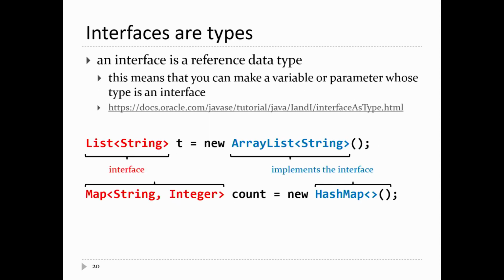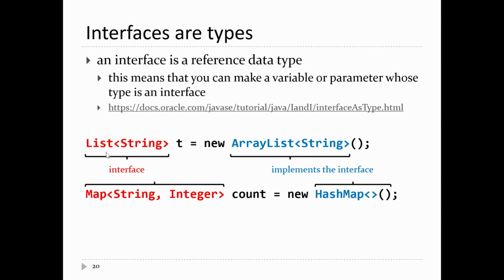In Java, an interface is also a type. So it's a reference data type. What that means is that you can make a variable whose type is an interface. If you remember back to that list method that I showed you, one of the methods returned a list, one of the methods took a list as input. It didn't take an array list as input, it took a list as input. It didn't return an array list, it returned a list. The reason you can do that is because lists are reference types.